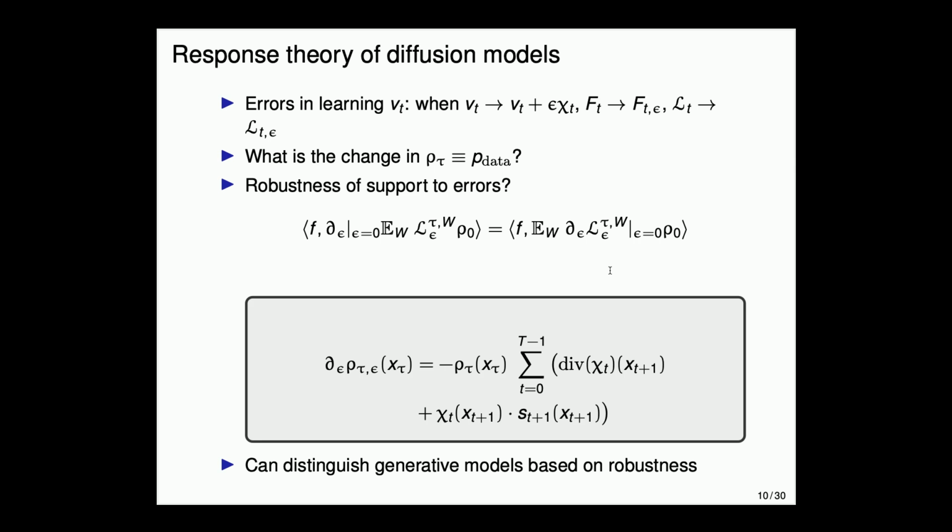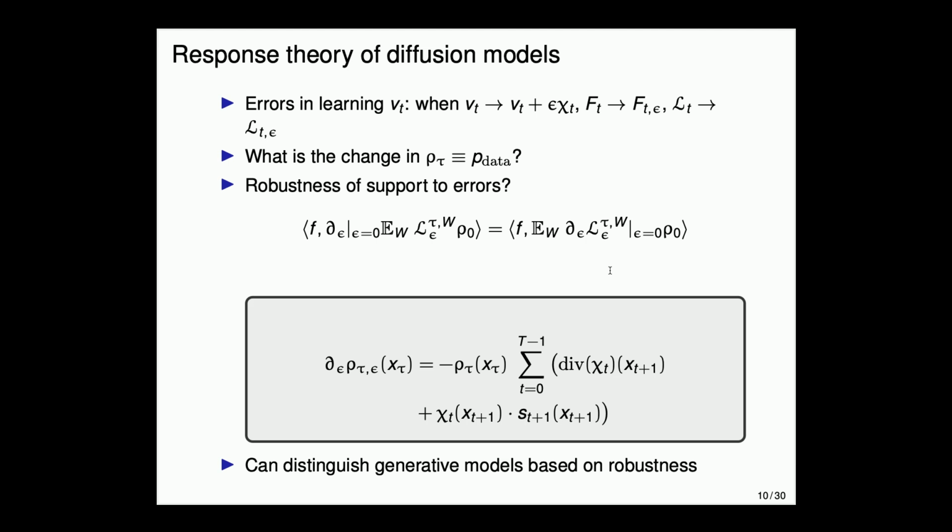So how much p tau epsilon differs from p tau, as epsilon tends to 0 or for small epsilon, is given by this expression on the right-hand side, which of course depends on the error chi and the score of the densities St.